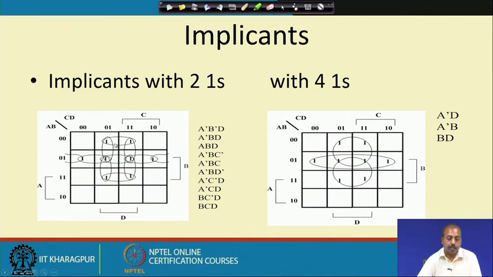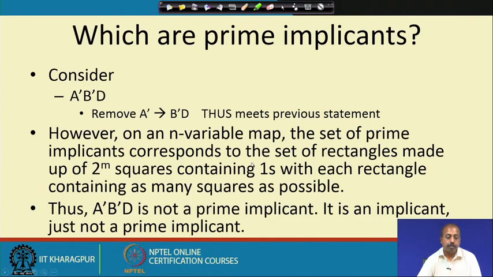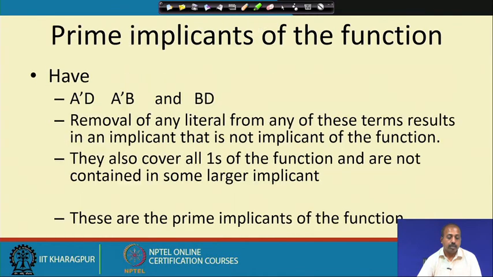A bar b bar d is an implicant, but is not a prime implicant, but a bar d is a prime implicant. So, this a bar d, a bar b and b d are prime implicants, because removal of any literal from any of these terms results in an implicant that is not an implicant of the function, and they cover all ones of the function and are not contained in some larger implicant. Okay.